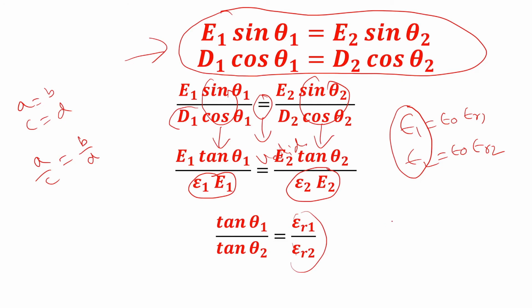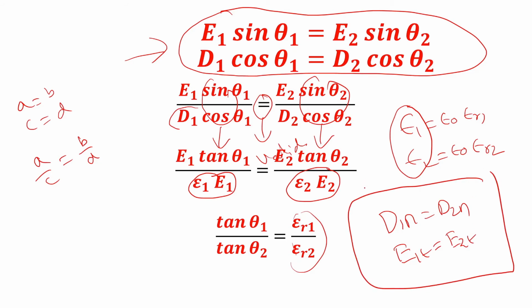So the concluding factors are D1n equals D2n and E1t equals E2t. Using this, if you have the values of electric fields in one medium, then you can determine the values of electric field in the second medium. And this equation is a byproduct which can be used to determine the shift in angle.